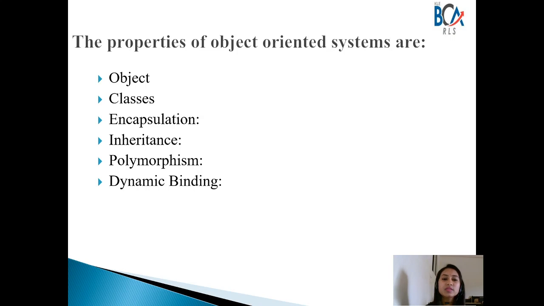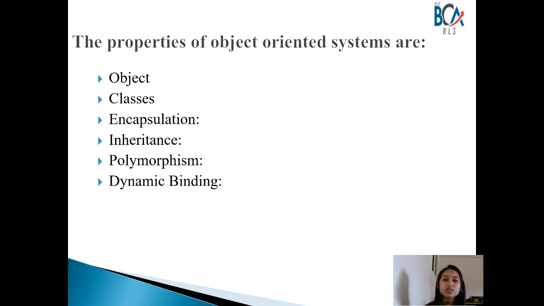So inheritance also allows the objects to be reused. So this is the main advantage of object oriented system. You can use the existing code in the new class or new functionality.